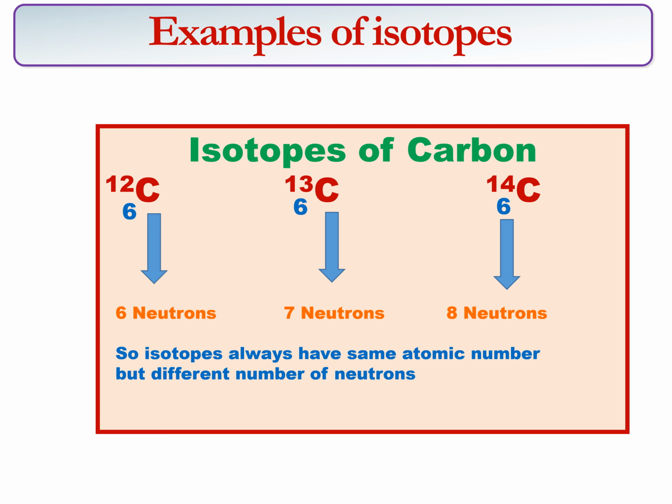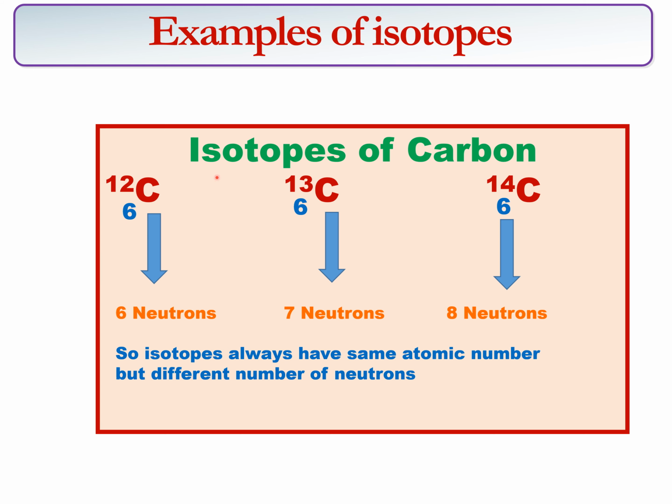Let's look at some examples. Isotopes of carbon. The isotopes of carbon are carbon-12, carbon-13, and carbon-14. The atomic number is always the same, 6 here, 6 here, 6 here. That's why they are called isotopes of carbon, because they have the same atomic number but different mass numbers.